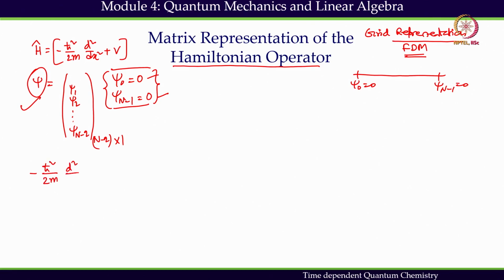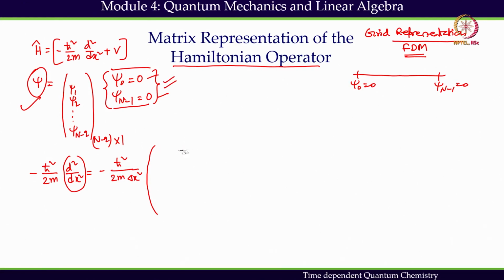Then I have d2 dx2, which I am now going to write as h bar square by 2m. For this part I get 1 by delta x square, and then I have this matrix. Remember, in this matrix I will not start with 1 minus 2 1 because I have already used this defining condition.